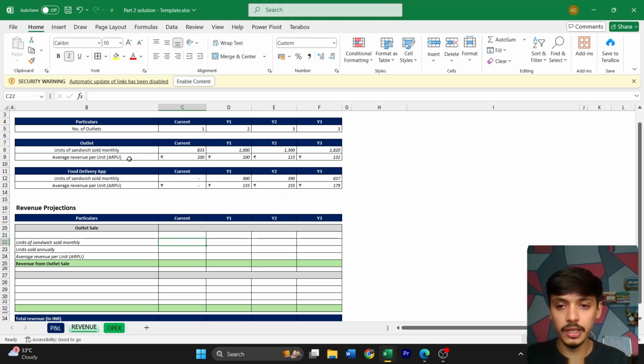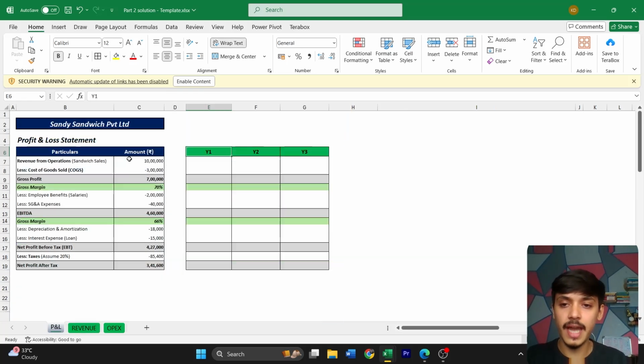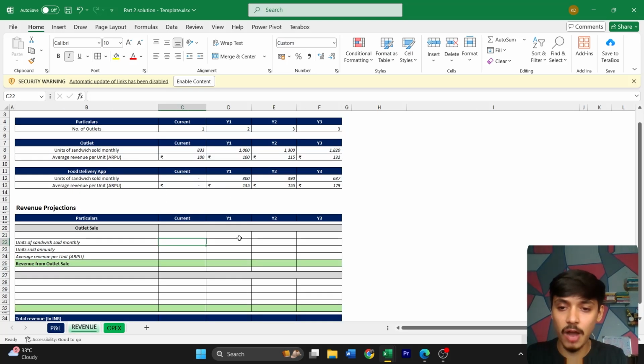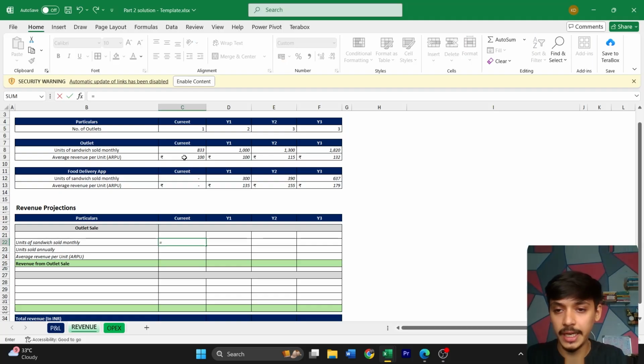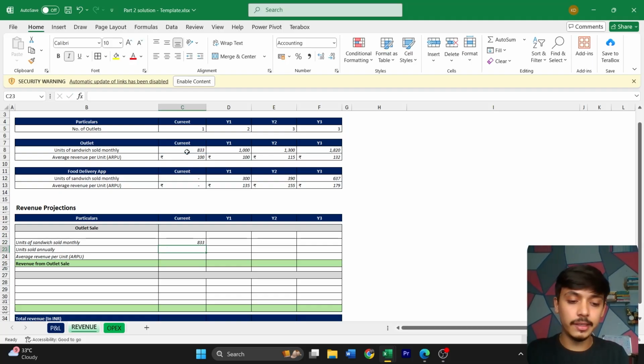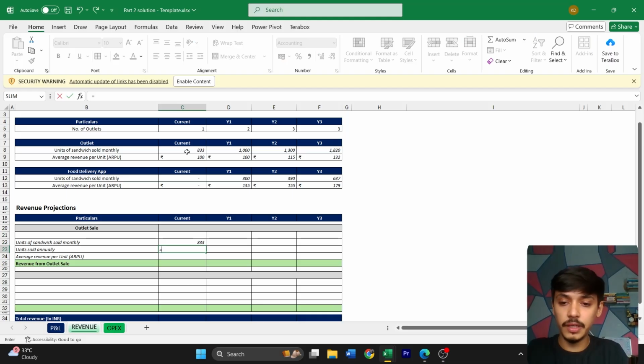For the current year, we already had the number of 10 lakh as our revenue. Now through this model, let's see how we can come to that 10 lakh revenue. The number of units of sandwich sold monthly was 833. So 833 was on a monthly basis. To calculate units sold annually, we will need to multiply this number by 12.